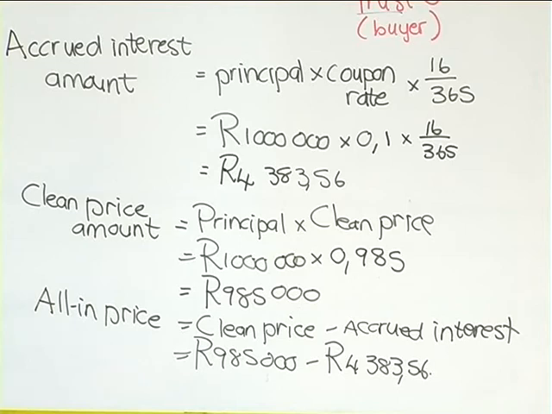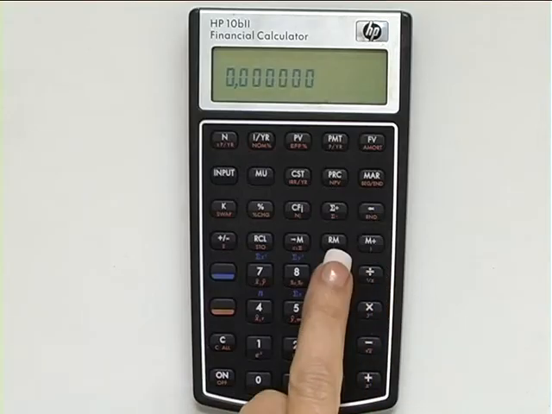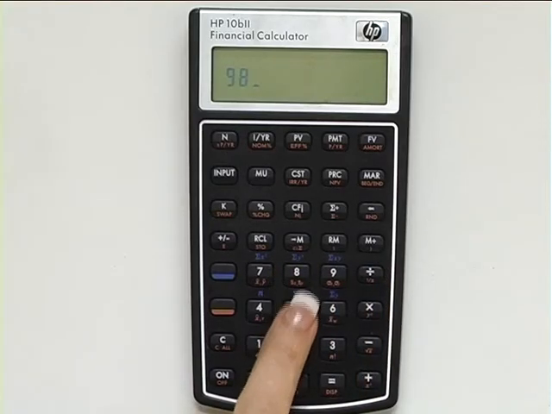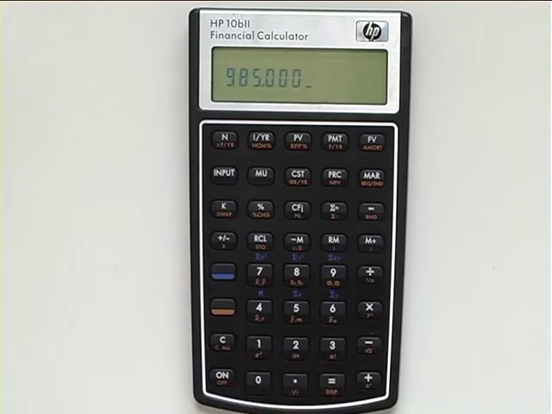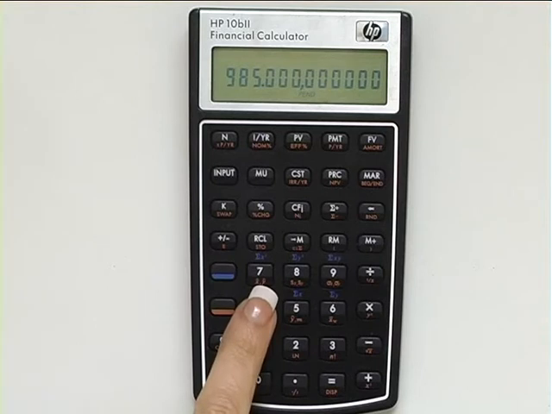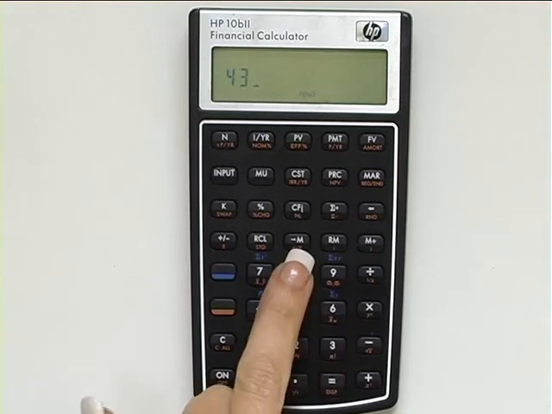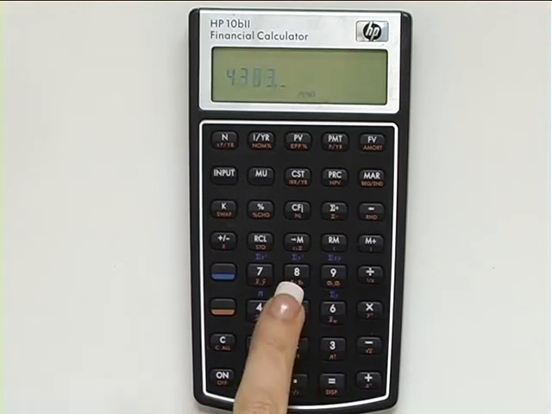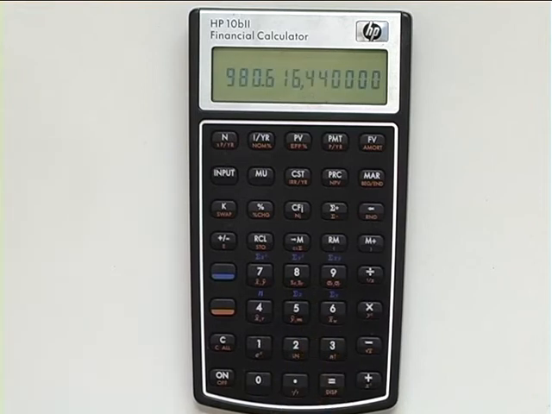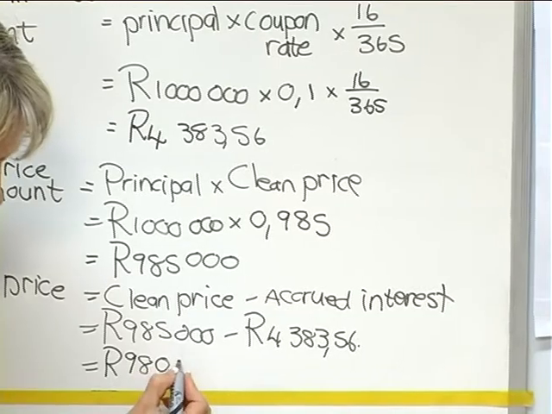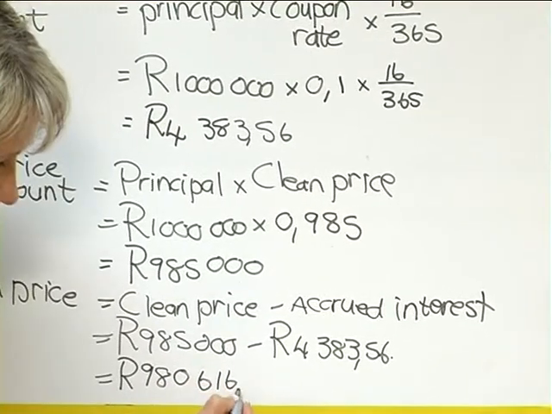We do that calculation: 985,000 minus 4,383.56 gives you 980,616 rand and 44 cents.